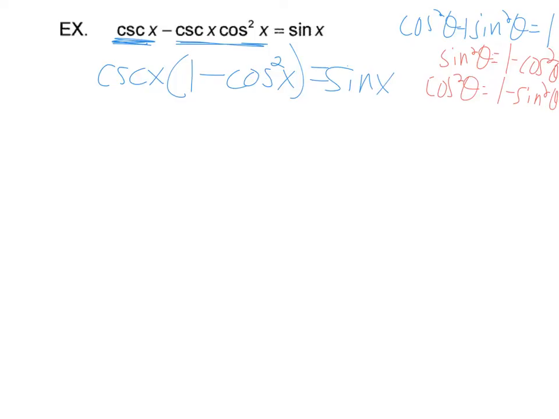These rearranged forms of that Pythagorean identity come up quite a bit. And look, we have 1 minus cosine squared, which we know equals sine squared. If you can make something in a more simple form, that's what you want to do. So I still have cosecant, and I can change 1 minus cosine squared into sine squared.